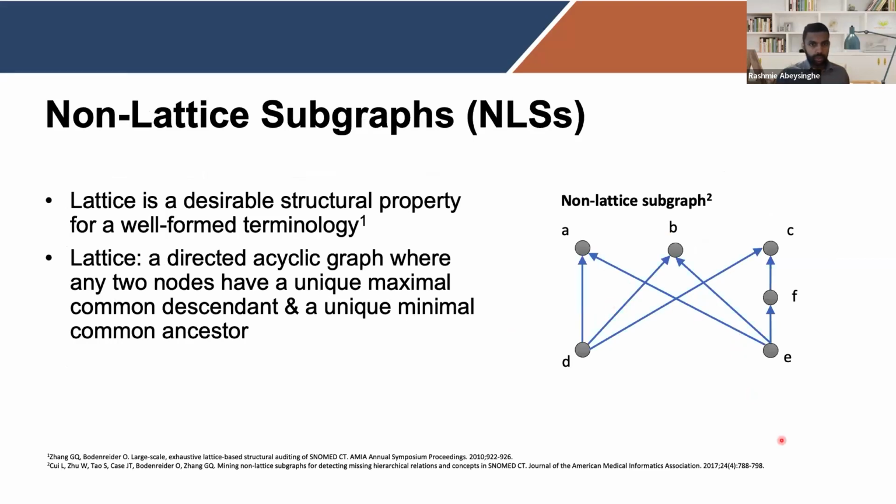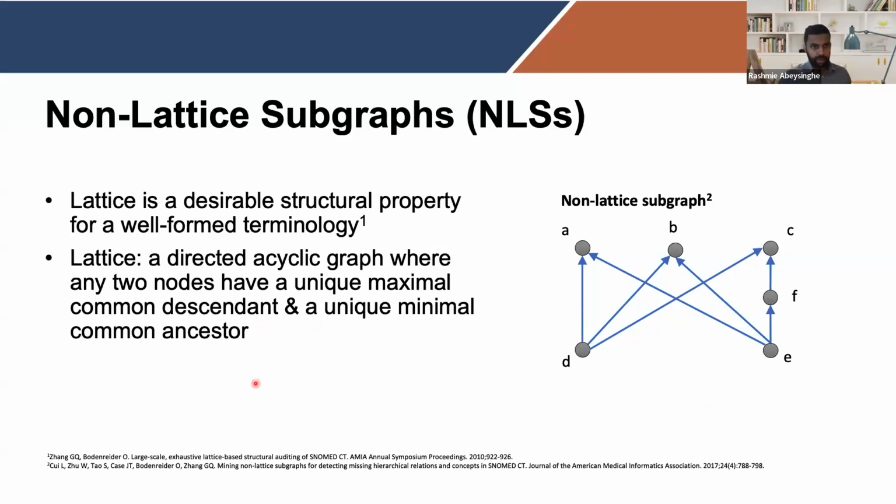Our work is based on non-lattice subgraphs, which we introduced in previous work, and have leveraged in some other works as well to identify and fix different kinds of issues in different kinds of ontologies. We look for these missing IS-A relations in these graph fragments that we name non-lattice subgraphs. The whole idea is that being a lattice is considered a desirable structural property for a well-formed ontology.